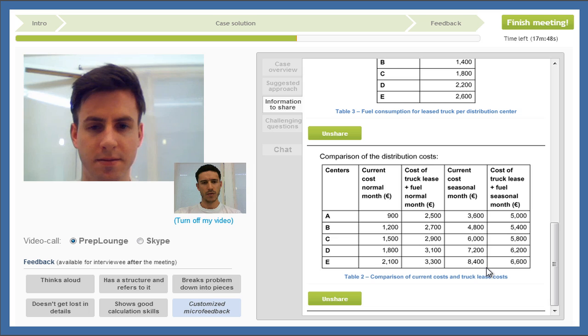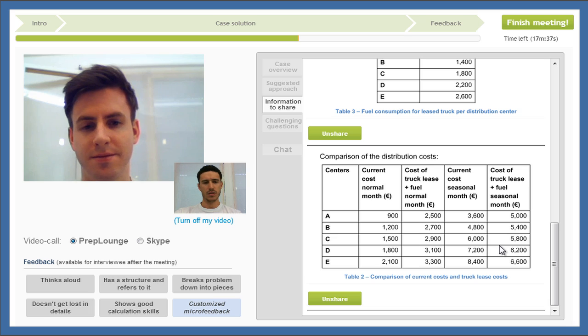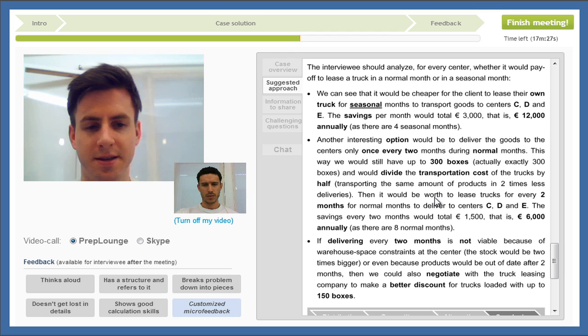So the total reduction of costs would be 12,000 then, and you would only use the in-house solution, so leasing trucks, for C, D, and E. That's it. For all the others, I wouldn't, as it's more expensive.